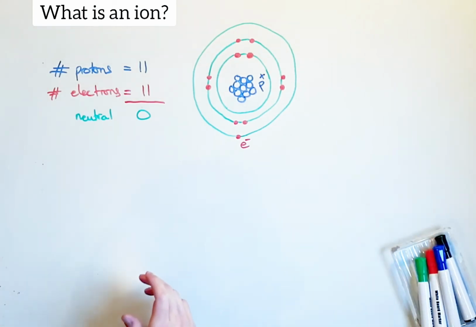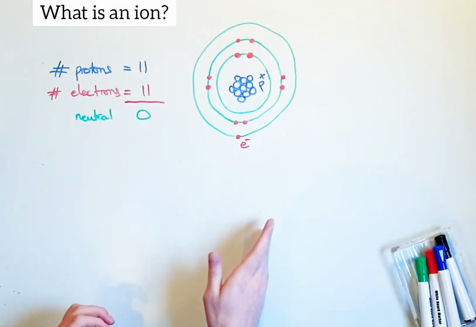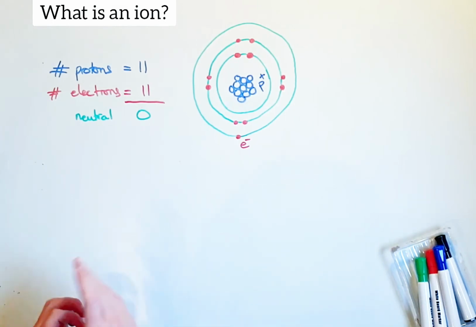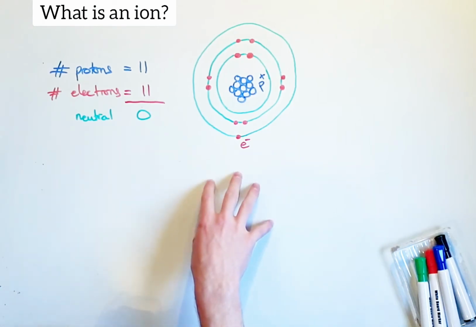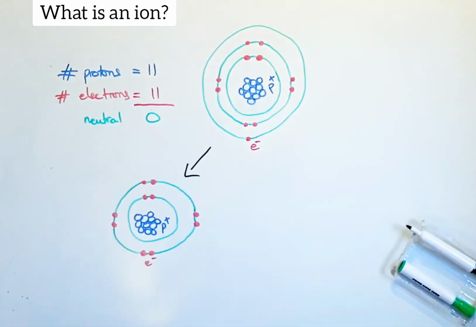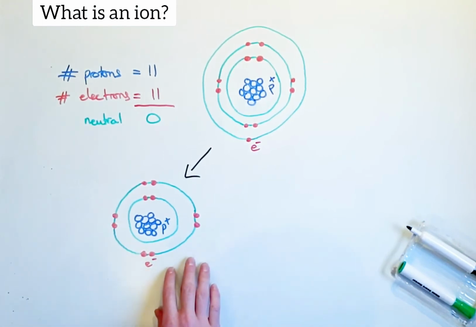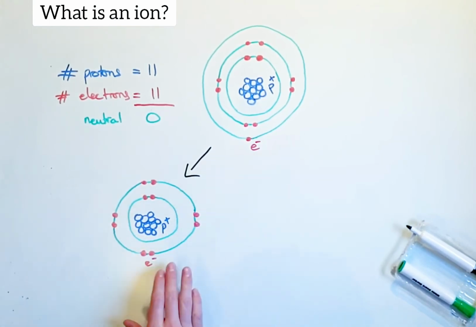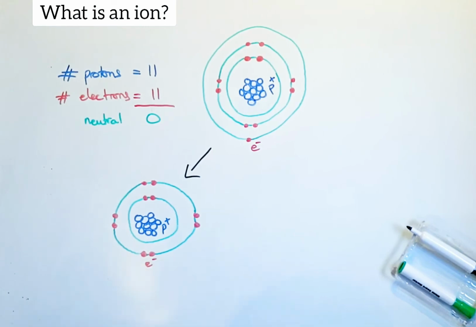Alright, so now that we understand that the sodium atom here is neutral as the number of positive protons equals the number of negative electrons, how do we then go from this neutral atom to an ion? This diagram here now is an example of an ion. The difference between this ion and this neutral atom is that the number of protons does not equal the number of electrons.